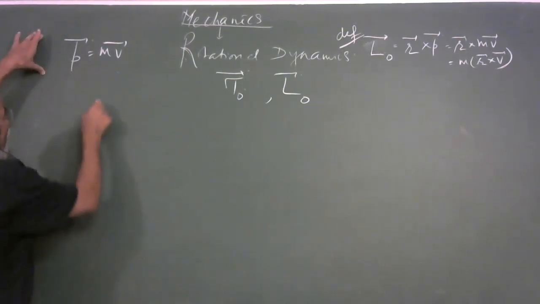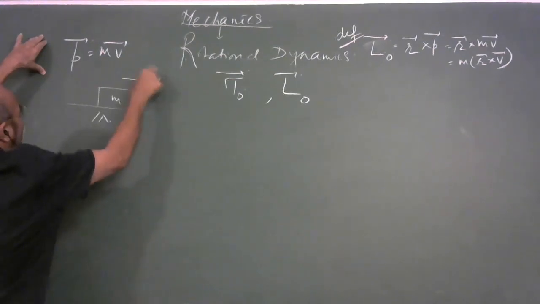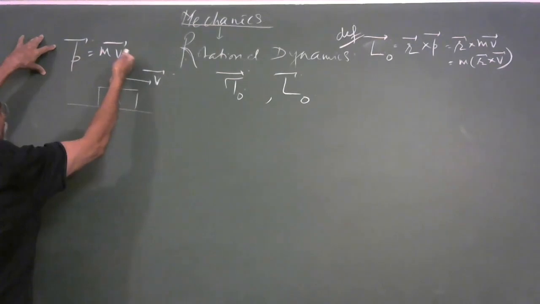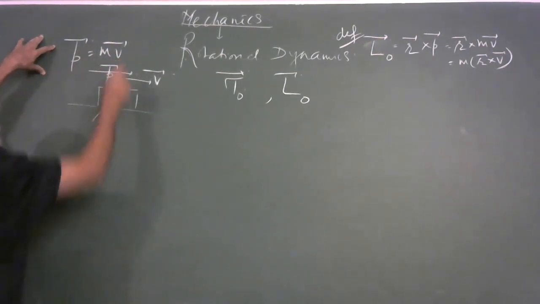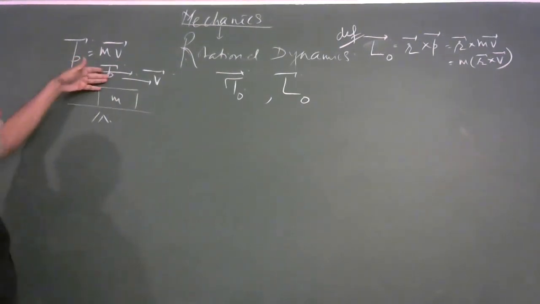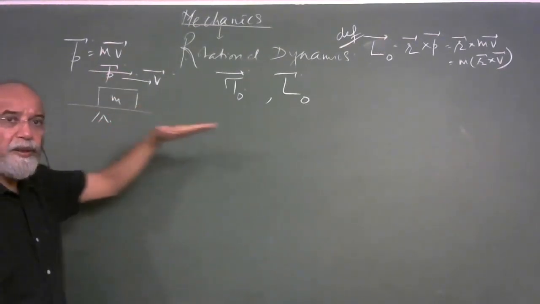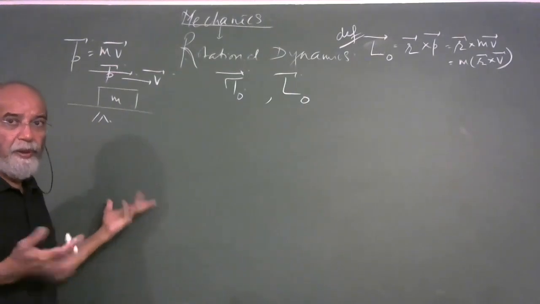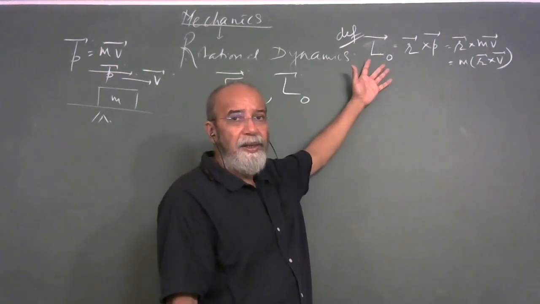The vector P is in the same direction as V and multiplied by a scalar. So it was easy for us to perceive that the P vector is just in the direction of V. So easy to represent the linear momentum. But look at this. This is crazy.